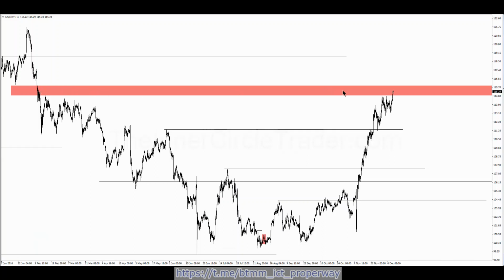Okay, all through here, and ultimately trades up into that monthly fair value gap. Once we cleared this high here and we cleared this high here, we came back, we created a gap. We created a gap here, came down and closed in the gap, and then ultimately aggressively ran right up into that monthly fair value gap.